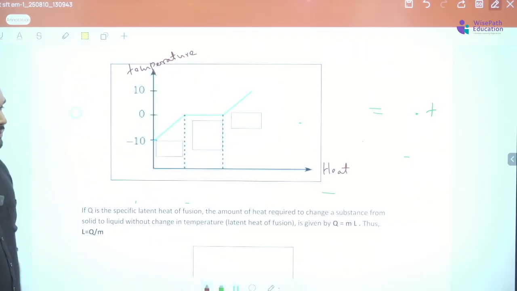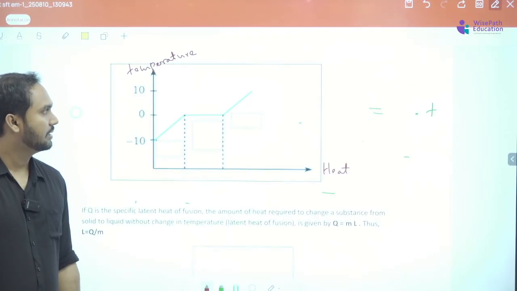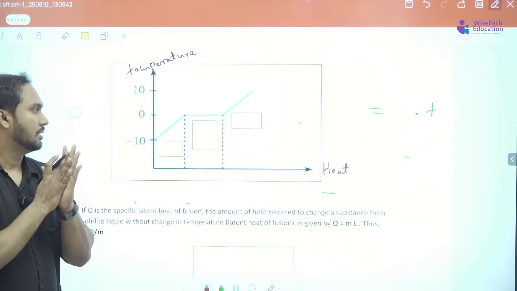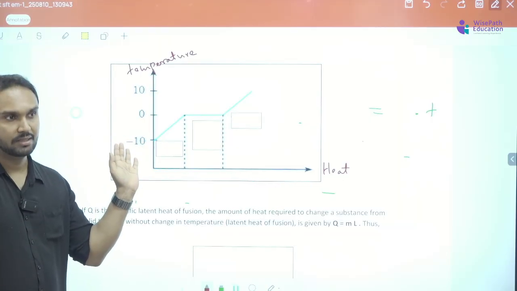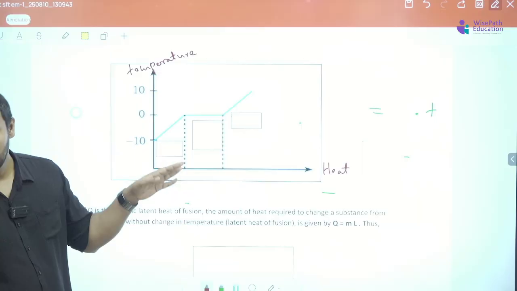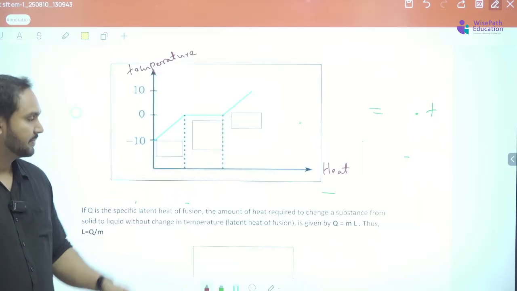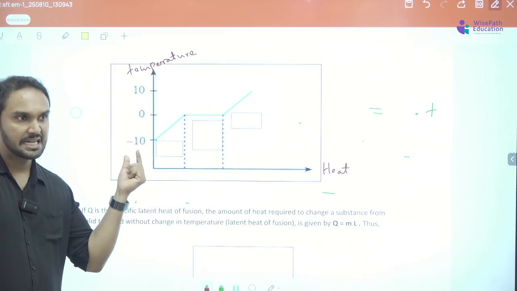So now this is, let's say, water. This is actually water, and let's say now the object is ice. If this is water, this should be ice, isn't it? Minus 10 degrees Celsius is ice. Now you are supplying heat to the ice at minus 10 degrees Celsius.